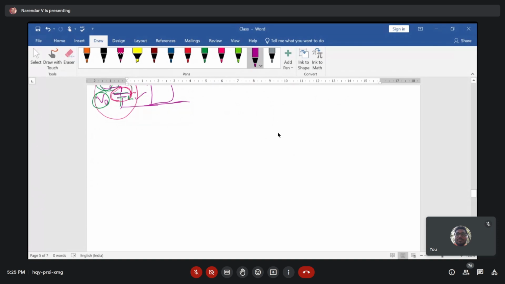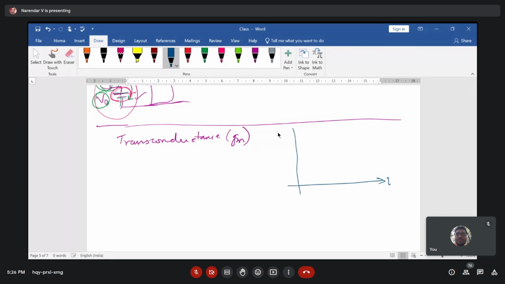Now we'll see the transconductance of your MOS transistor. Transconductance is normally referred to as GM. If we draw a plot of ID versus VGS, as your VGS value increases, correspondingly you have these variations.